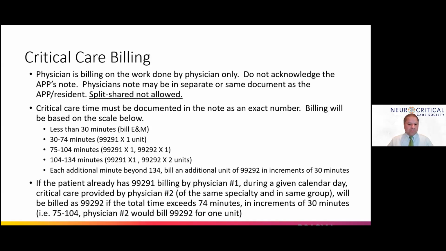For example, for 75 to 104 minutes of total time between physician 1 and physician 2, physician number 2 would bill 99292 for 1 unit. This also brings about importance in noting that physician number 1, the so-called daytime physician, will often have to have their documentation done prior to their colleague taking over, in order for their colleague to know how to appropriately bill the patient.